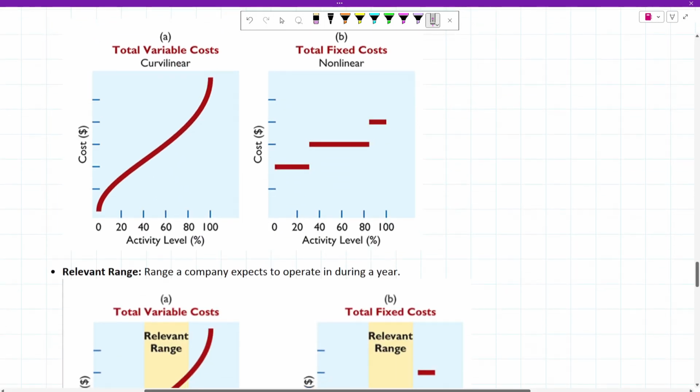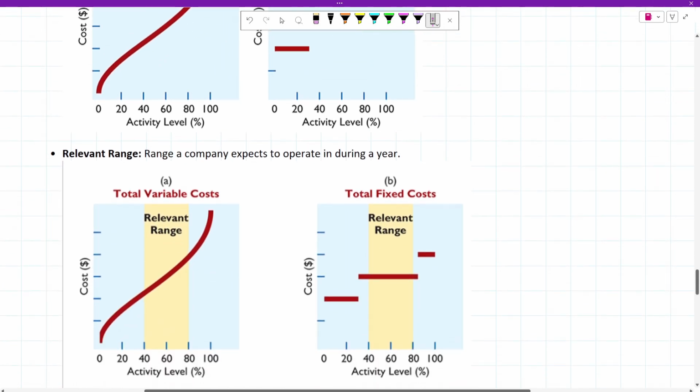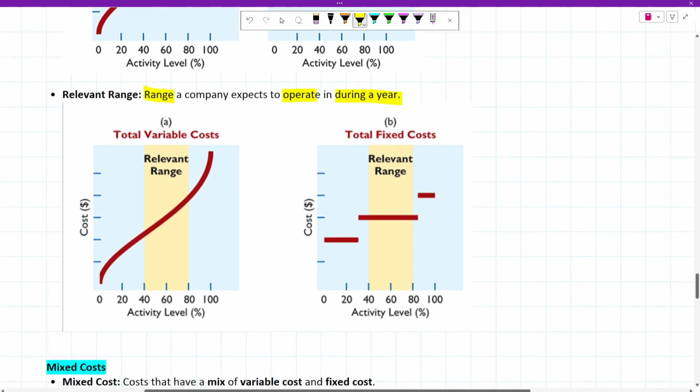So that's good to remember, and make sure you guys understand this diagram for both. Relevant range: the range a company expects to operate in during the year. Using the same diagram as before, our relevant range is from 40 to 80.